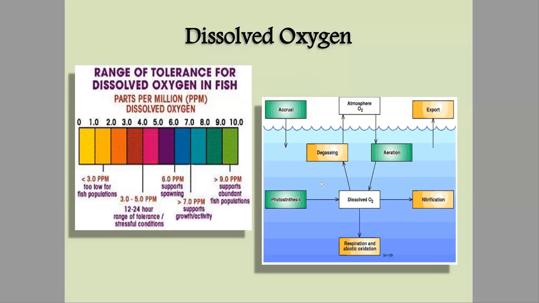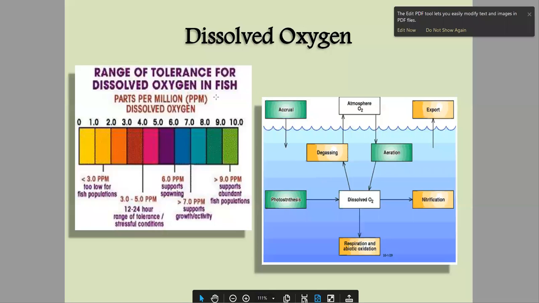Now if it is less than 3, then it is too low for fish population. It is mentioned clearly here that if it is below 3, then it is too low for fish population. If it is between 3 to 5, then they might survive for 12 to 24 hours. That is its range for tolerance.